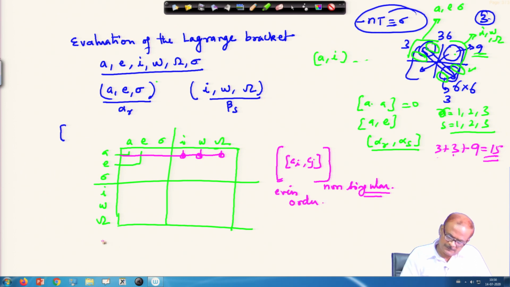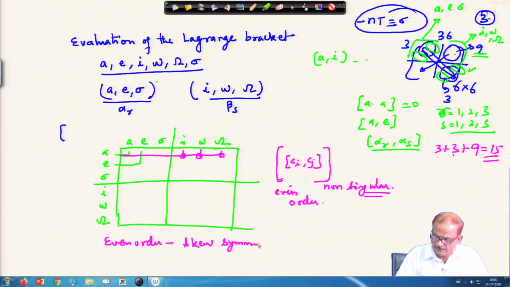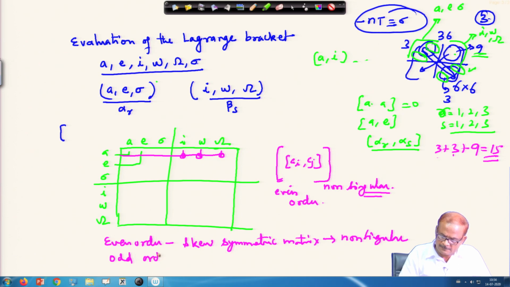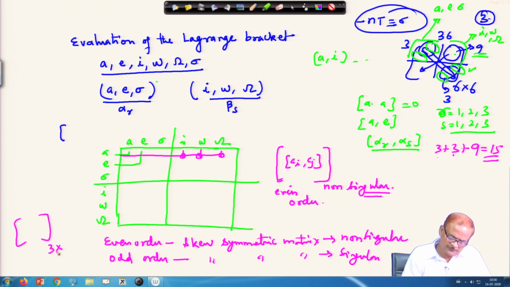An even order skew symmetric matrix is non singular, while an odd order skew symmetric matrix will be singular. That means if I have a 3 into 3 skew symmetric matrix, it is bound to be singular. If this is matrix A and it is skew symmetric, the determinant of this will be 0.